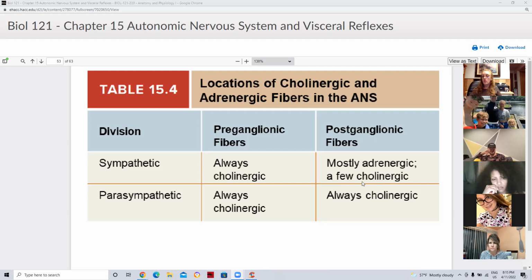And a few are cholinergic, meaning they'll secrete acetylcholine. A few postganglionic fibers of the parasympathetic nervous system are going to secrete acetylcholine, or they're always going to secrete acetylcholine.